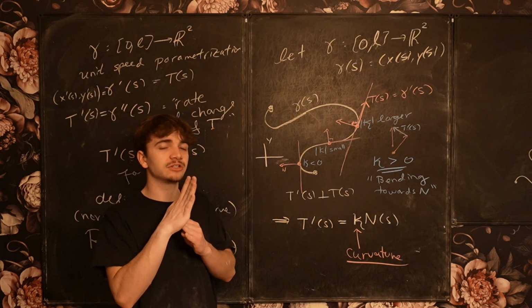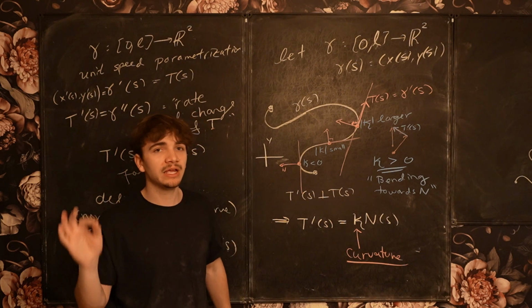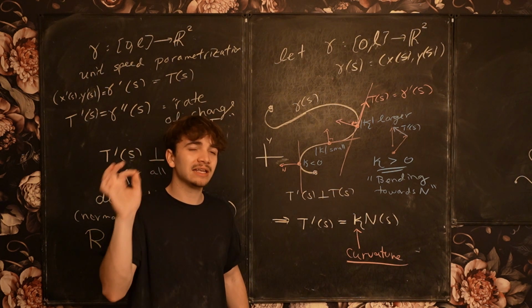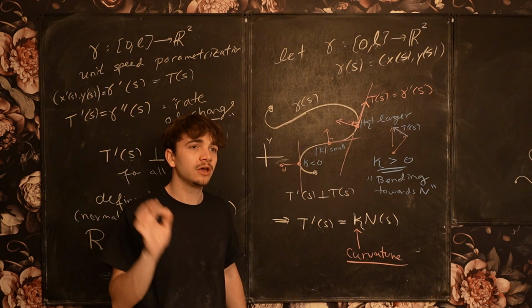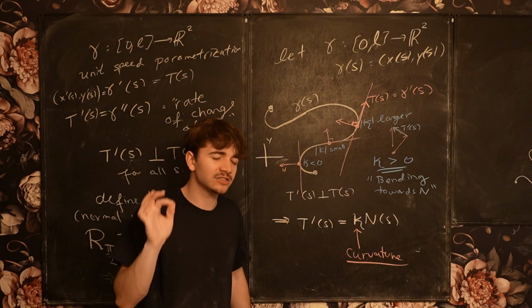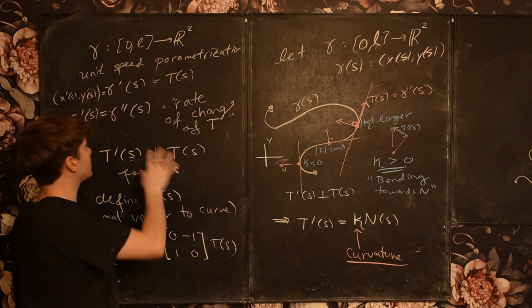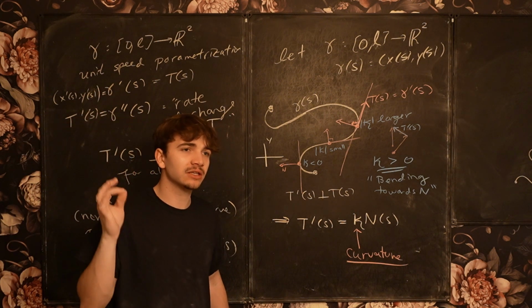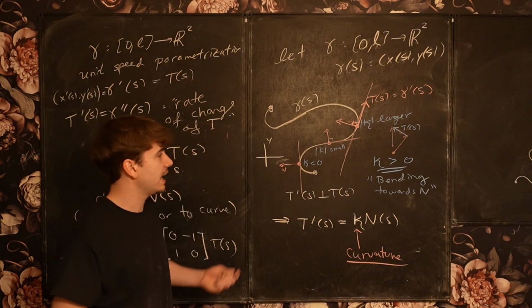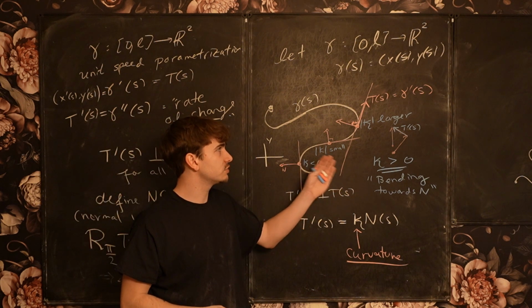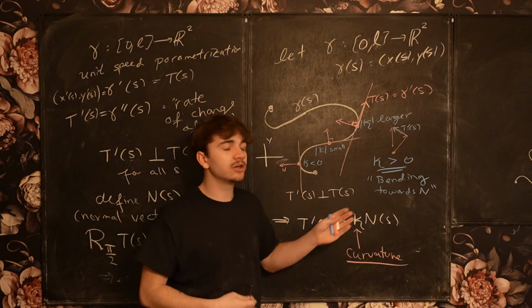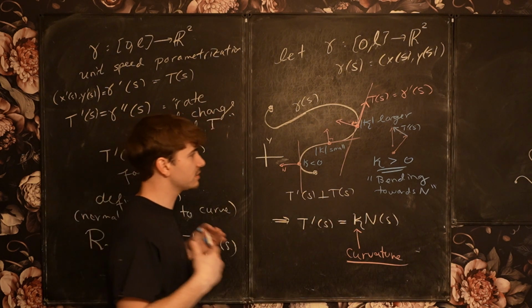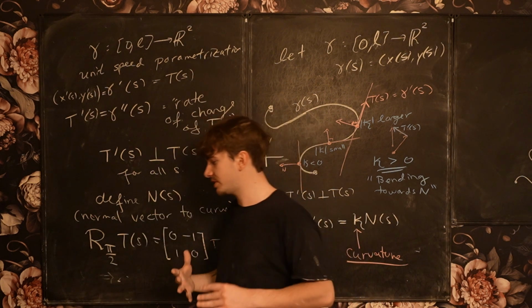How the tangent vector is changing direction, because the tangent vector isn't changing magnitude. And because it isn't changing magnitude, the only thing that's changing is its direction. And so when we analyze its derivative, we're really just looking at the way that the tangent line is changing direction. And so by looking at the change of direction of the tangent line, we can understand the curvature of the plane curve, okay? So this is the first key step towards an understanding of curvature.